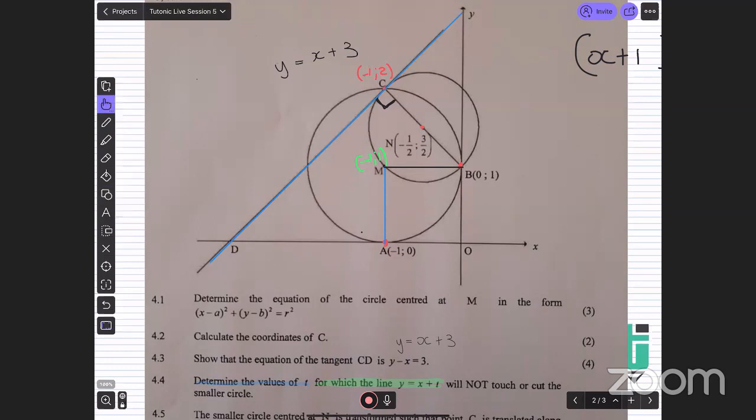No, it doesn't, it touches it. It's a tangent. The question is asking will not touch. So t has to be greater than 3. You guys see that? Yeah, t greater than 3.